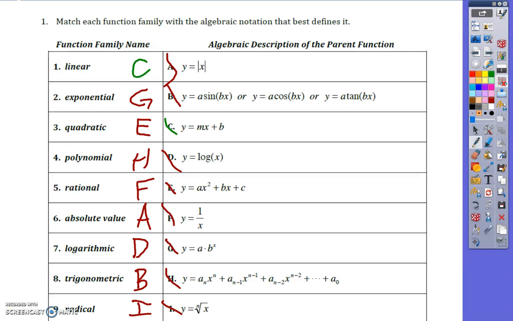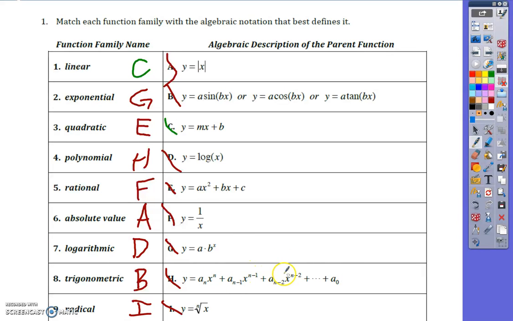Okay, so you can see the answers here written. We've got exponential being g, y equals a times b to the x. It's exponential because the exponent is a variable. We've got our quadratic, y equals ax squared plus bx plus c, general form, and our polynomial. This is probably the weirdest one to match because that notation is so crazy when you're looking at h.